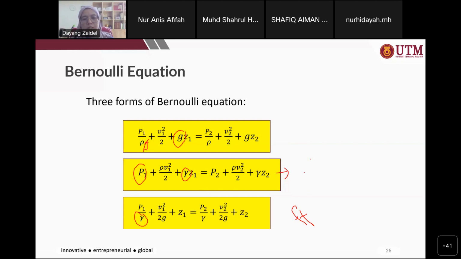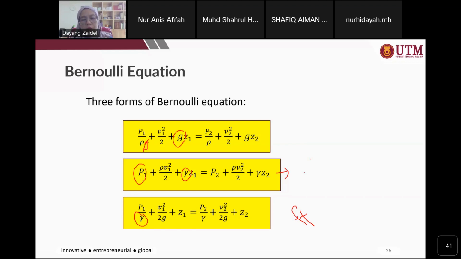Sometimes it will give you the unit in feet, or pound per feet squared, or feet squared per second squared. So it can be any form. You can choose which form you prefer for that question, so it depends on the question.